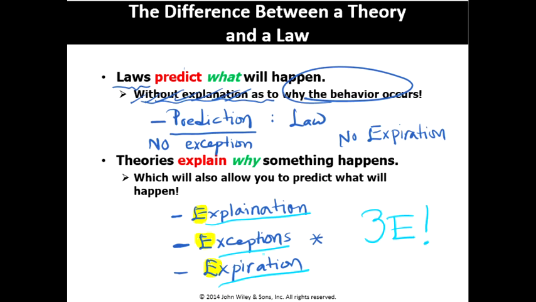We don't need to work on this section in detail as long as you know how many steps there are in the scientific method and what the difference is between law and theory. It would be enough for this section. Hope you learned the difference between laws and theories and the steps of the scientific method as well. Thank you for watching this video.